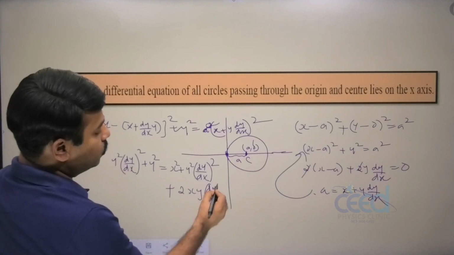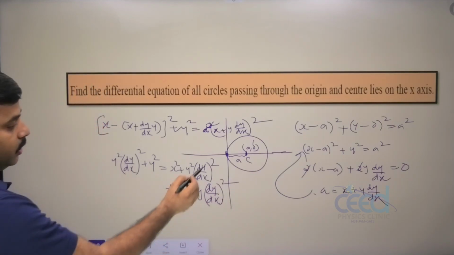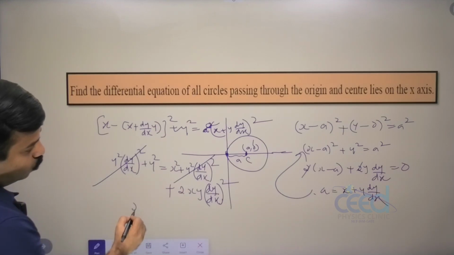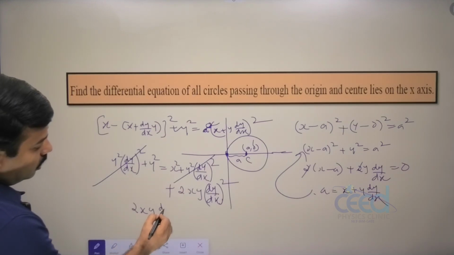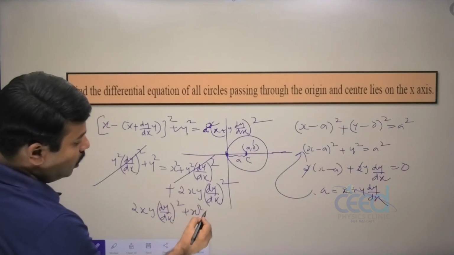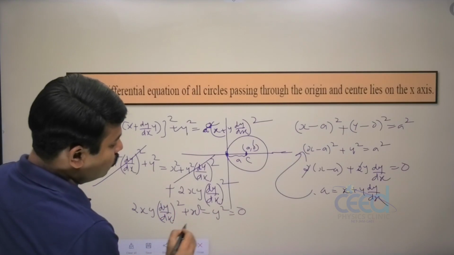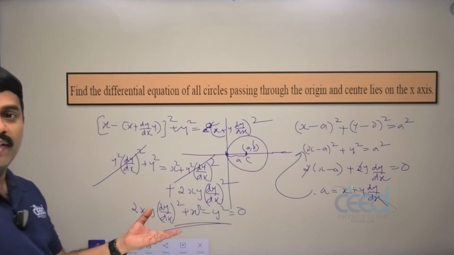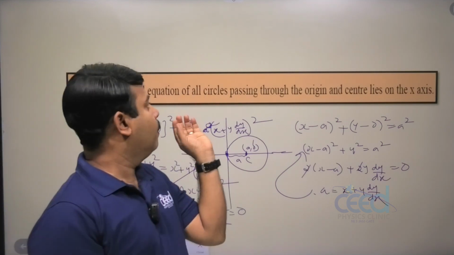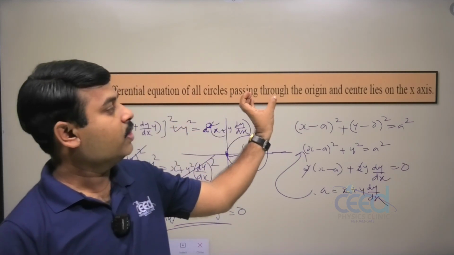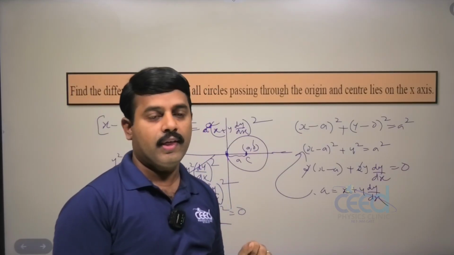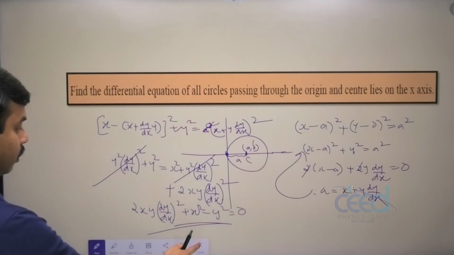Then this term cancels. Then what is the final equation? 2xy dy by dx plus x square minus y square is equal to 0. This is the differential equation corresponding to the circles passing through the origin with center on the x-axis.